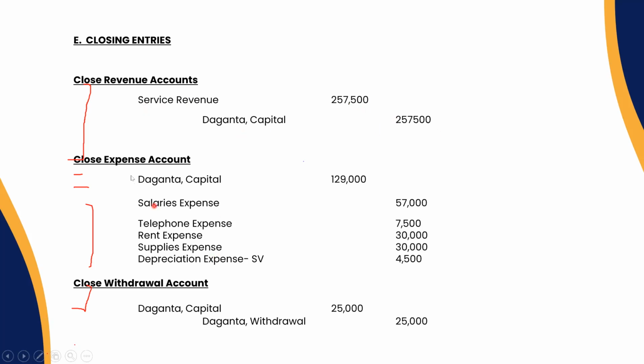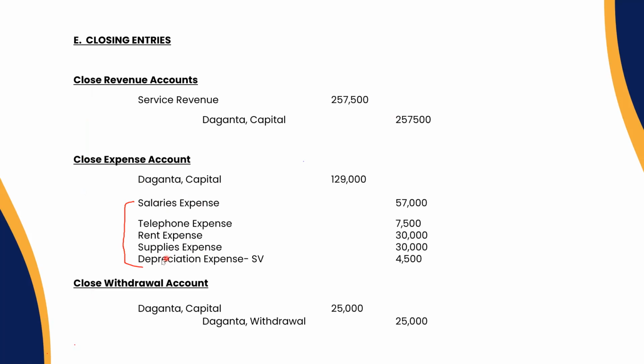Now, you also have to close your expense account. Sorry, guys, it's just not indented. This, the salaries, should have an indentation. Okay, just indent it. Now, you have to close your expense account to the capital account too.